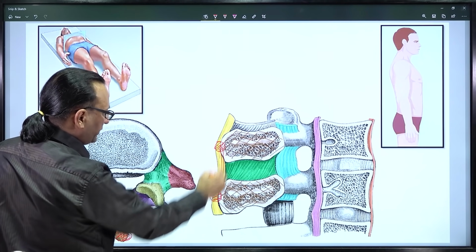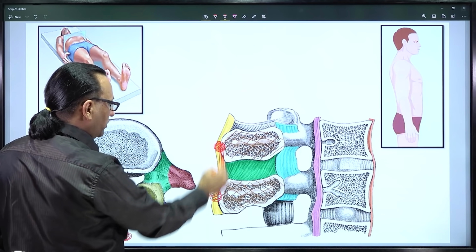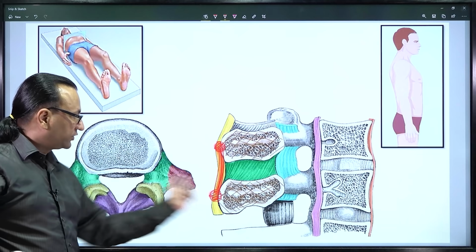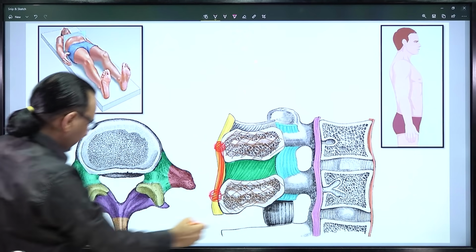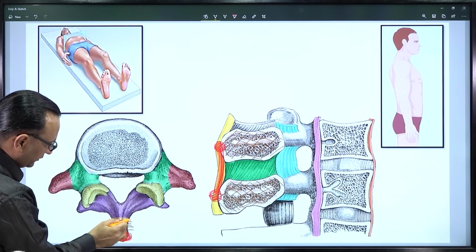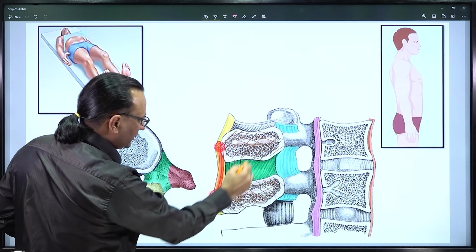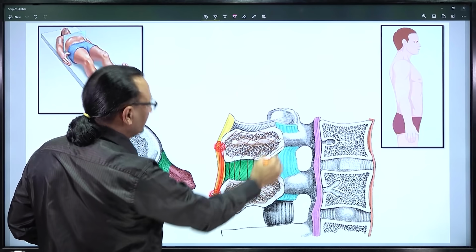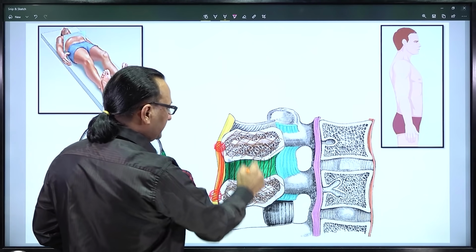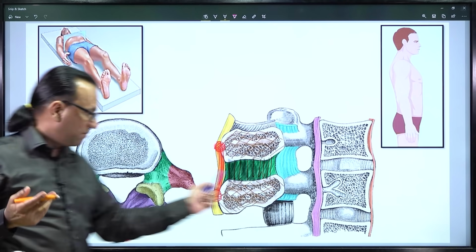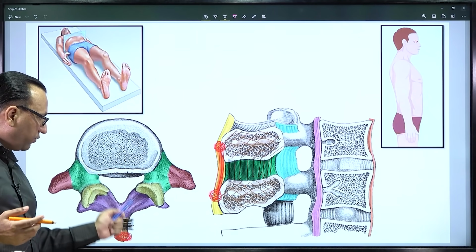This is the supraspinous ligament. And what about the interspinous ligament then? It will be slightly more anterior. So let us show it now. This is the place where you have the interspinous ligament, more anteriorly, and it is between the spines. That is why the name is interspinous ligament. Now, what is after that? After that, we have the ligamentum flavum attaching to the lamina of the vertebra.